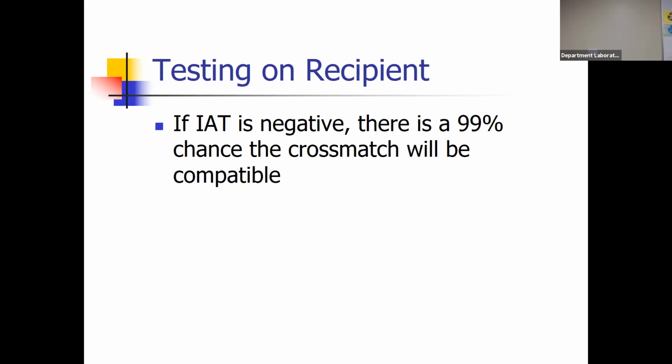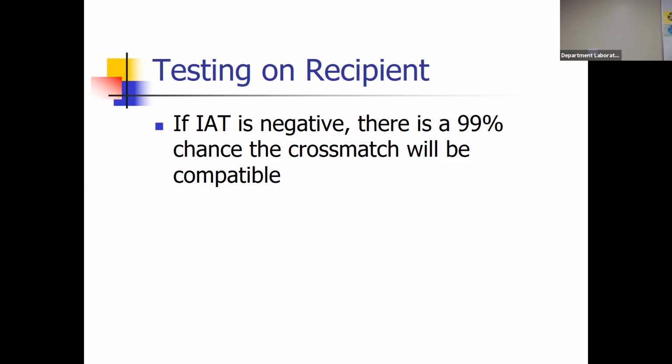So if your donor cells already have something coating them, that could interfere with your cross match. If you mix donor positive DAT cells with patient plasma, and you get an incompatible cross match that's unexpected, it could be due to a positive DAT in the donor. That would be at your AHG phase of testing.